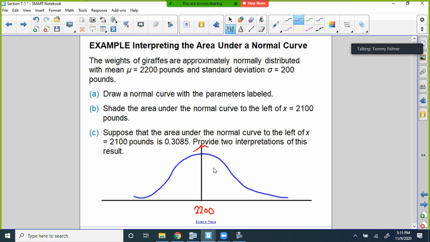If we go 1 standard deviation to the right, well, that would be 2,200 plus 200, which is 2,400. If we go another standard deviation from there, we're looking at 2,600. And then a third standard deviation from the second one would be 2,800.